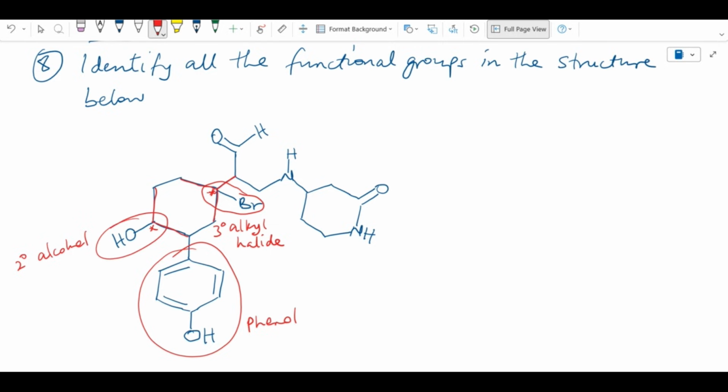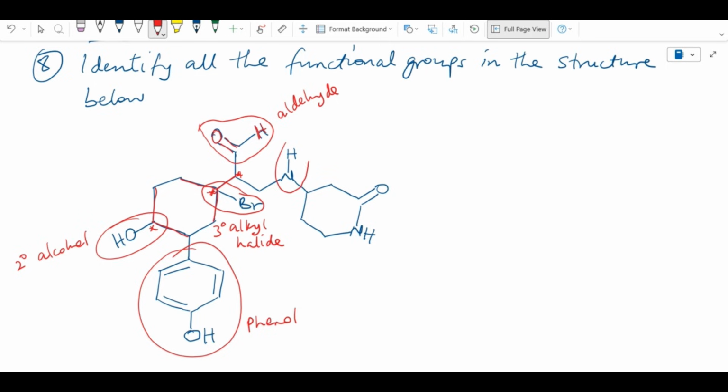This is alcohol here. Now, another functional group is aldehyde. Aldehyde is when you have a carbonyl group, which is a carbon connected to oxygen via double bond, and that carbonyl carbon is attached to a hydrogen and a carbon. So we call this aldehyde.